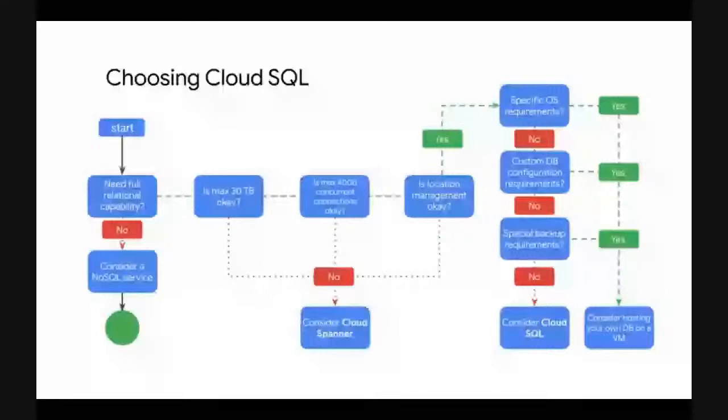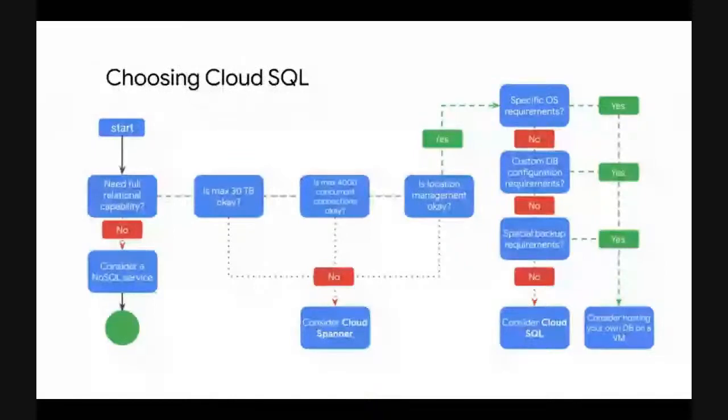So, anyways, like we were saying, if you're using more than 30 terabytes of storage space or over 4,000 concurrent connections to your database, or if you want your application design to be responsible for scaling, availability and location management when scaling up globally, then consider using Cloud Spanner.